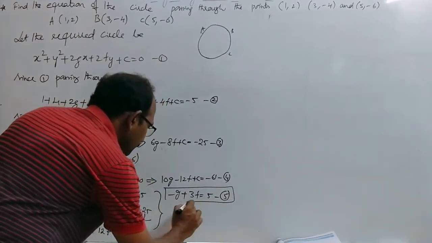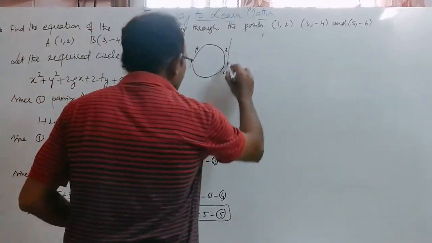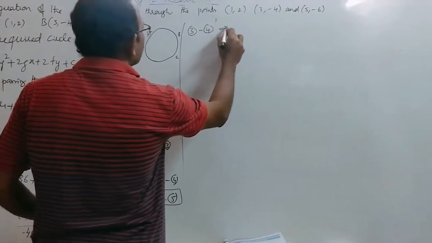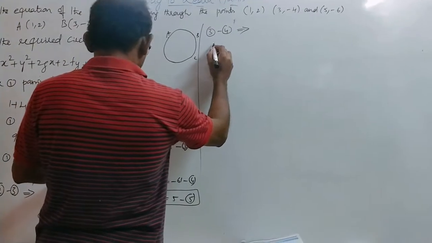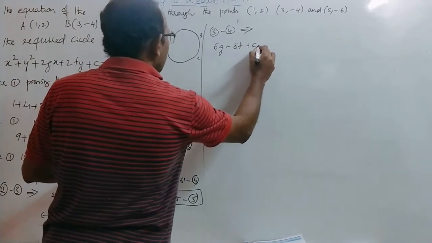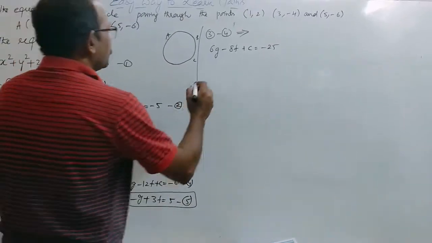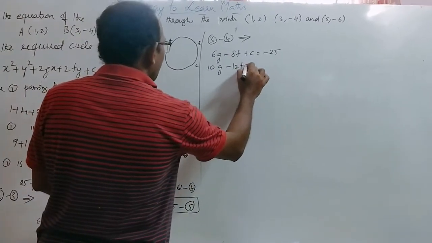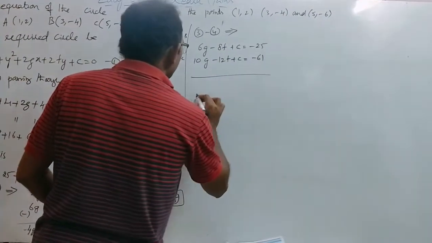Similarly, solving 3 and 4, 3 minus 4. The third equation is 6g minus 8f plus c is equal to minus 25. The fourth one is 10g minus 12f plus c is equal to minus 61.